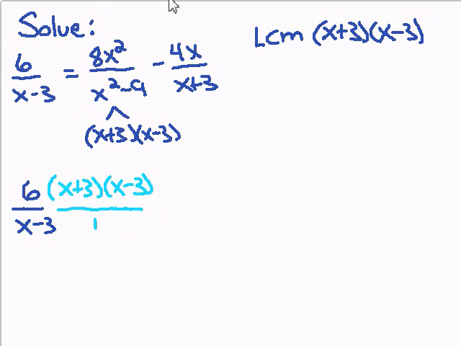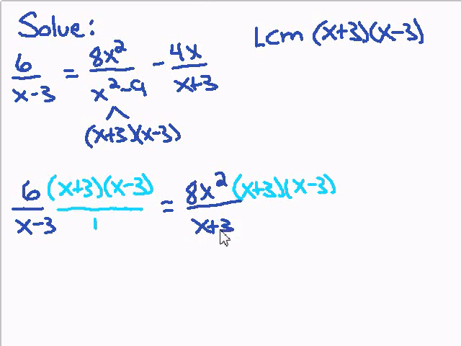Equal to 8x squared times, and notice I write the denominator of 8x squared in its factored form.